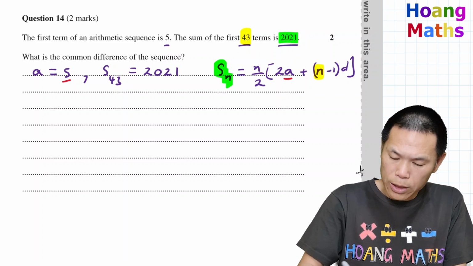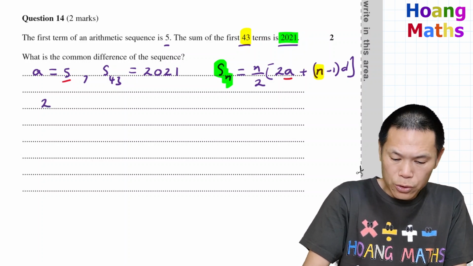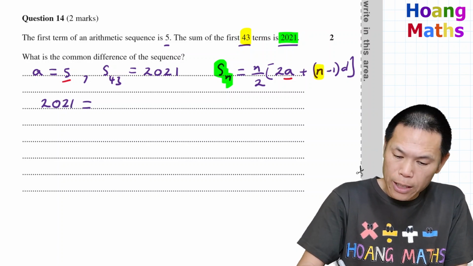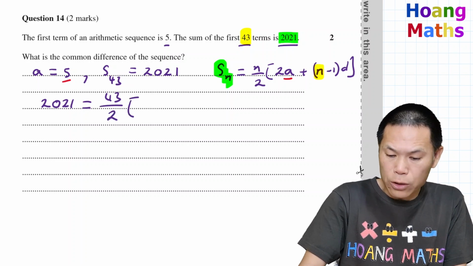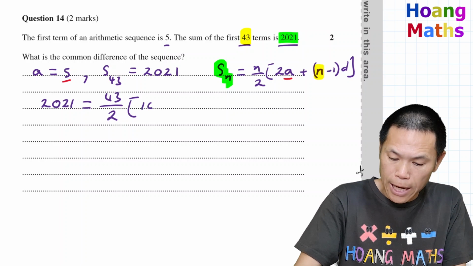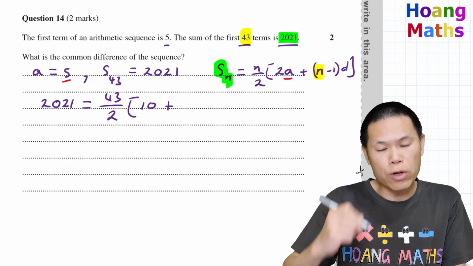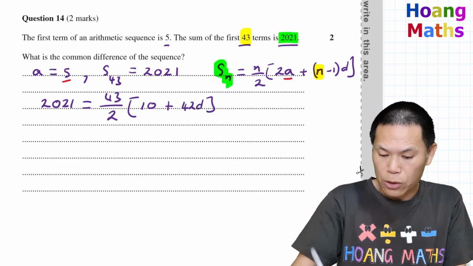Now I just replace with these numbers. 2021 is equal to n, which is 43, over 2, and 2 times a, which is 2 times 5, is 10, and we add n minus 1, which is 43 minus 1, is 42, and times d. There you go.